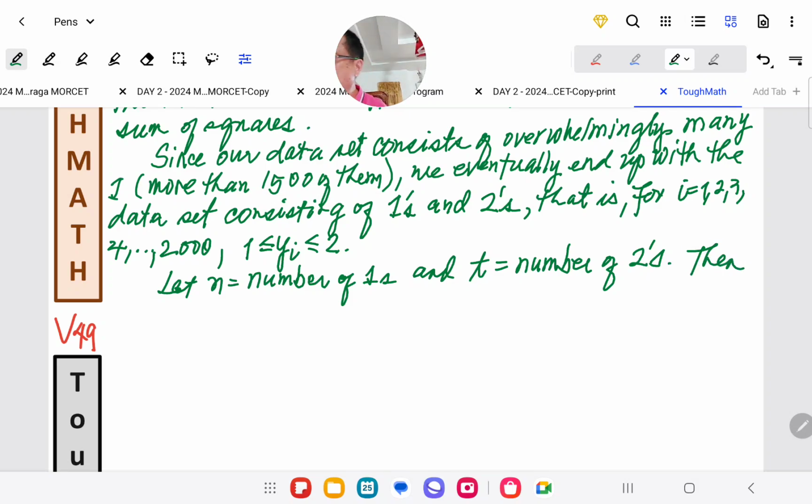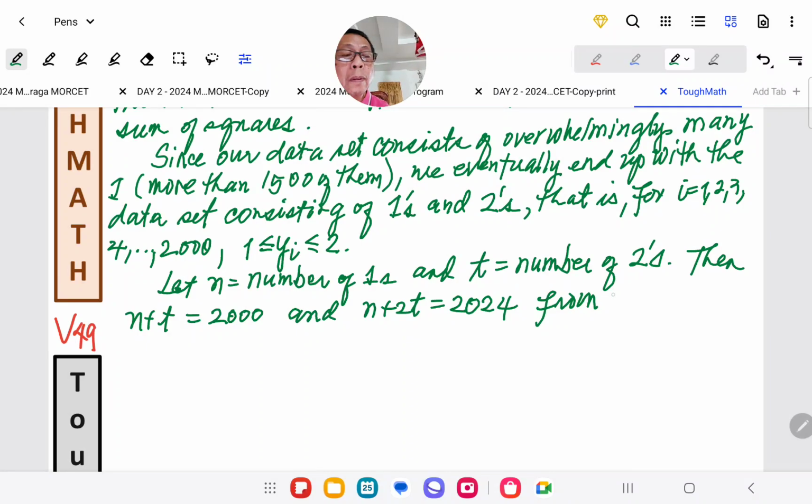Then we have the equation n plus t is equal to 2,000 because there are 2,000 integers, and n plus 2t equals the sum of the integers, which is equal to 2,024, from which we obtain n equals 1,976.